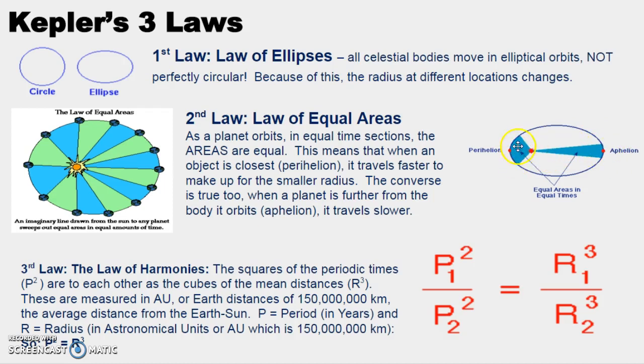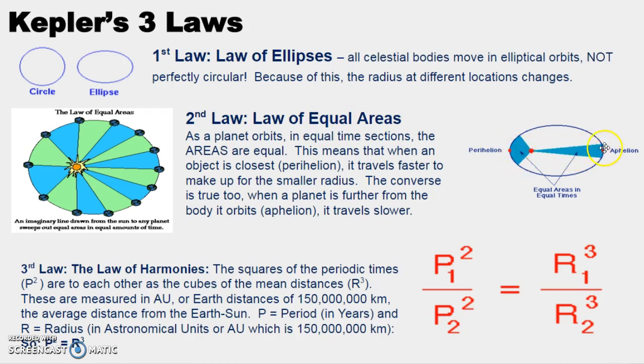This dark pizza slice is the same amount of pizza as this longer and thinner one. It still has the same area. That's the key. The converse is true too. When a planet is further from the body it orbits, at aphelion, it travels slower. What's happening is we're keeping the areas constant, and that's a true story. That is what Kepler's second law says: in equal time frames, the area covered is equal.